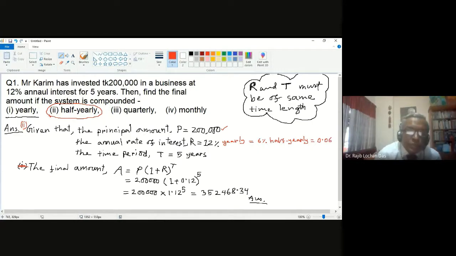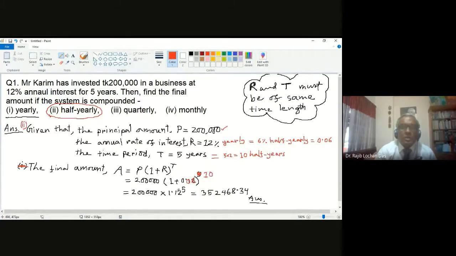And time period T is 5 years. So 5 years means 5 into 2, 10 half years. So in 5 years, how many half years? 10 half years, right? You understand what I'm saying? So this 10 you will apply in the formula. So you will write 1.06, and to the power, not 5, to the power 10.